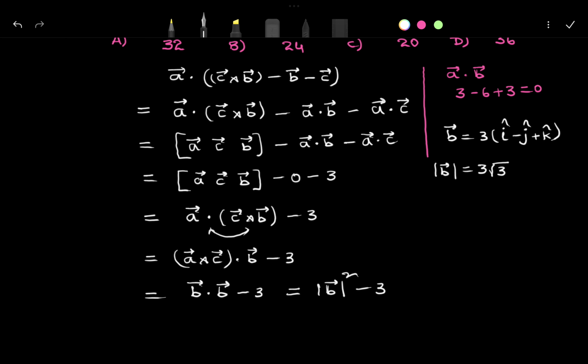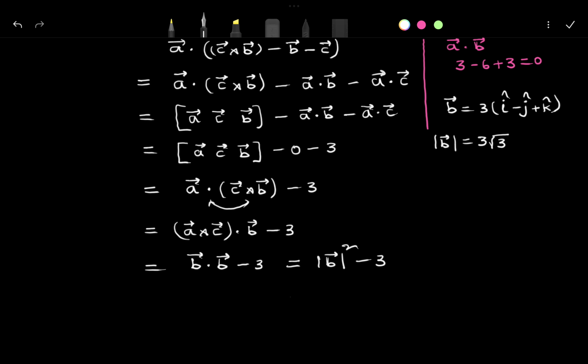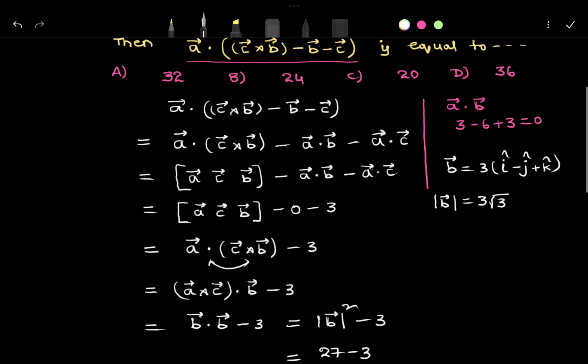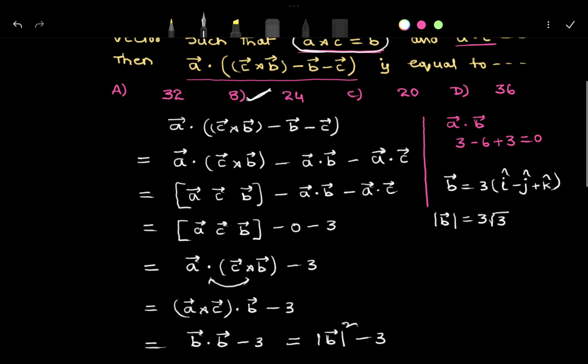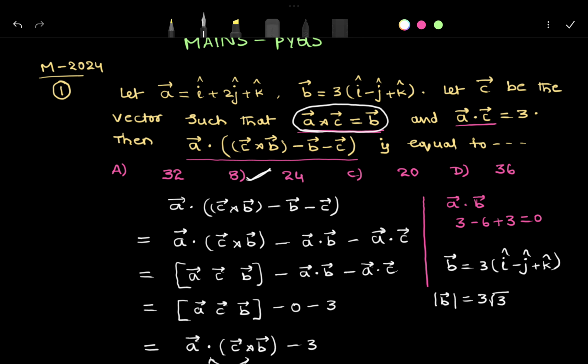Now substitute this value: modulus of b bar whole squared is 27, minus 3. 27 minus 3 is equal to 24. So what is your final answer? 24 is the final answer. I hope everyone is clear on this problem.